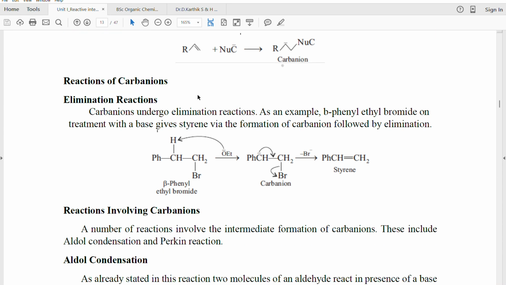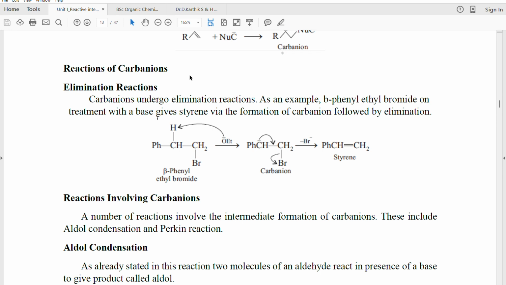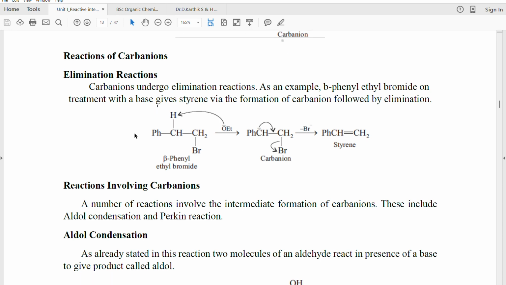And reactions of carbanions. So what are the reactions the carbanions can go through? The first and famous reaction is the elimination reaction, okay. As I said before, when you add a base to an organic compound, either there should be an electron withdrawing group nearby, or there should be a halogen nearby the carbon, right?